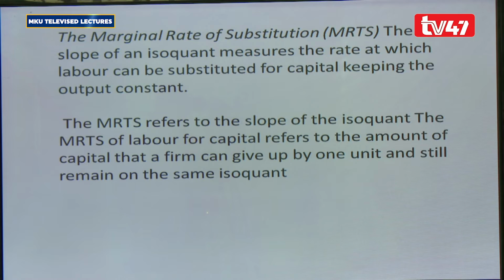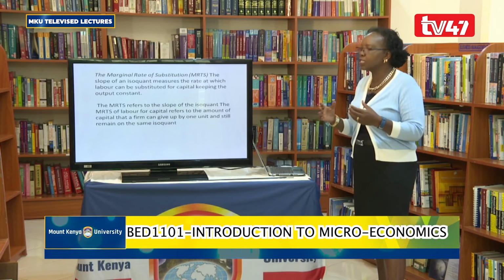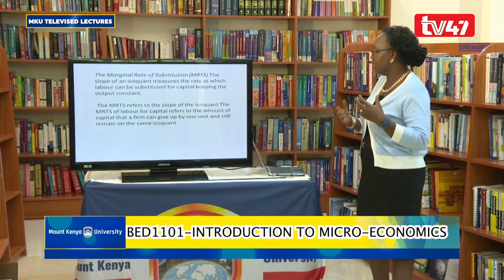If he decides to use more capital because of the price, we say that he is capital intensive. If he uses more labor because of the price, again we say that he is labor intensive. The MRTS refers to the slope of the isoquant, and it shows how much capital he is willing to substitute for labor and vice versa.